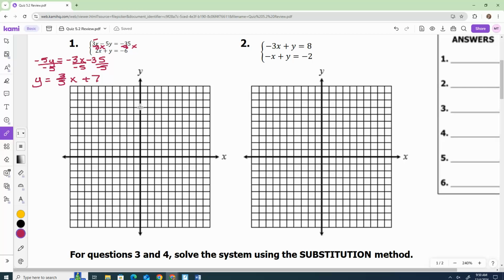Start at 7 on the y-axis. And then my slope is 3/5, so up 3 over 5. You could also go down 3 and backwards 5. You guys have rulers to draw nice straight lines.